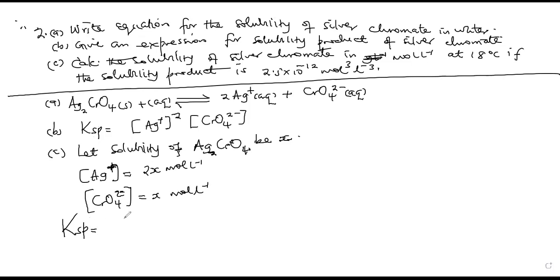Now, from the expression of KSP, which is silver ion concentration squared times the chromate ion concentration, the value of KSP was given as 2.5 exponent negative 12. So it is silver ion concentration, which is 2x, squared, times the value of chromate, which is x.